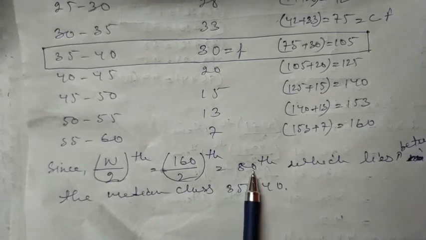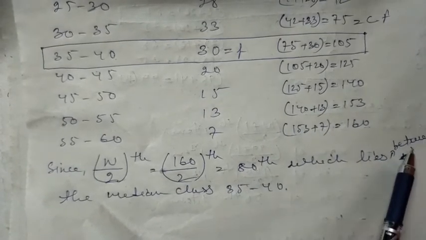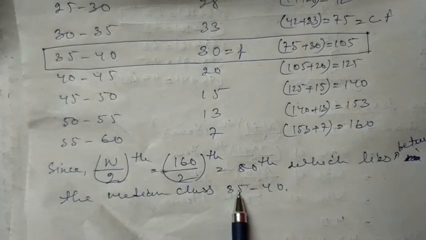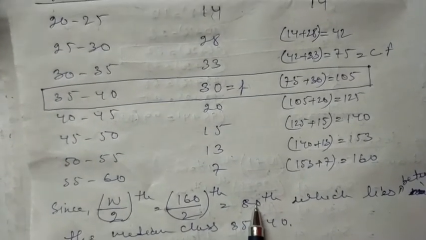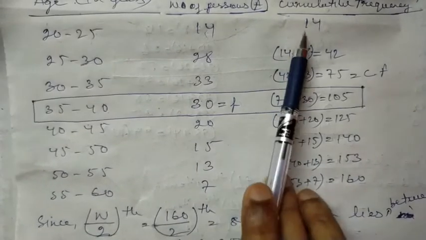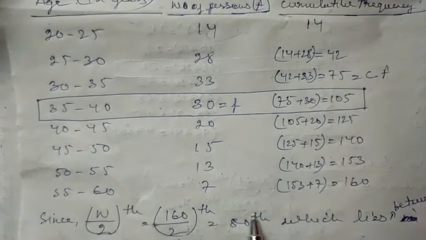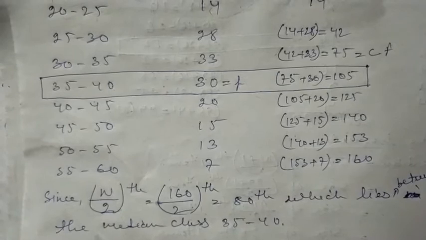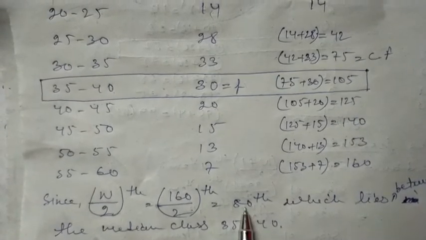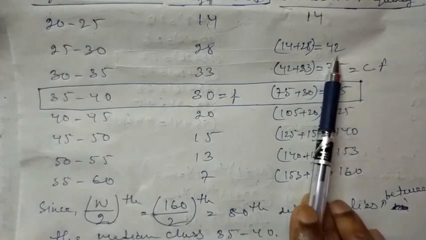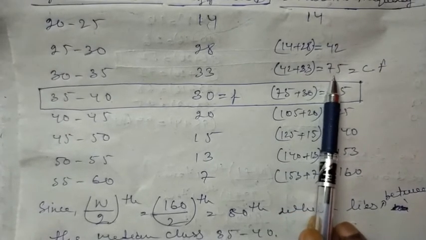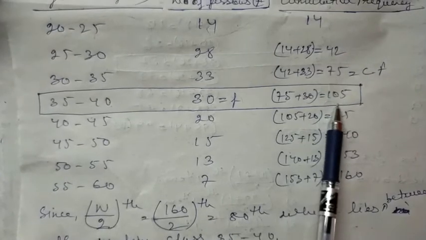Okay, 80 lies in the median class 35 to 40. We have to see the cumulative frequency, but we should not take less than 80. See here, 42 is less than 80, 75 is also less than 80, so 105.